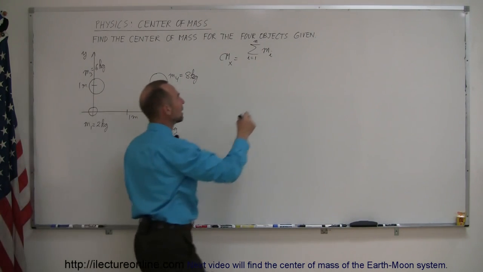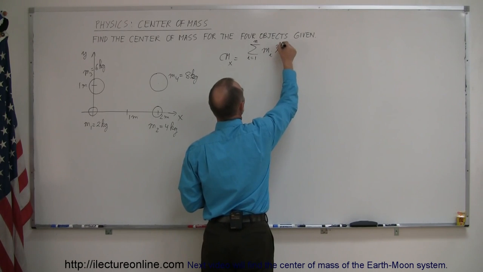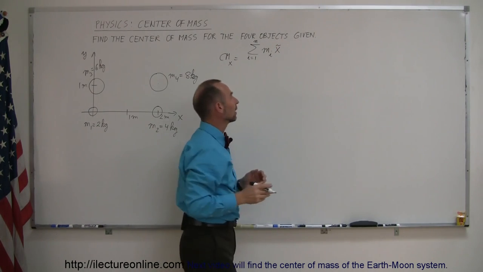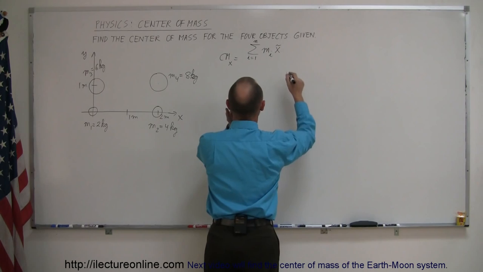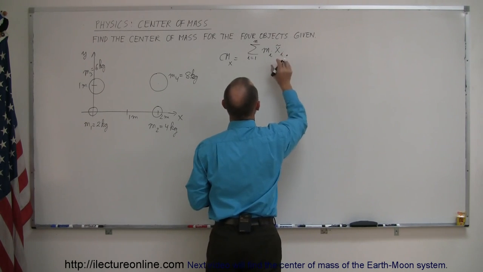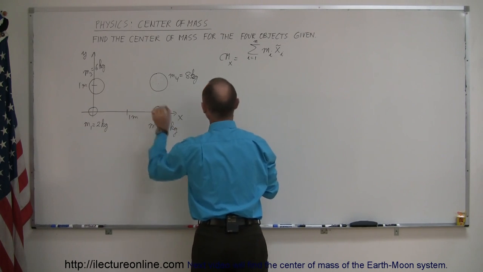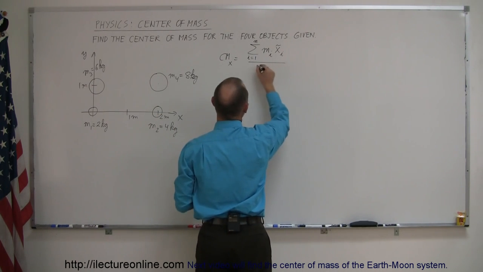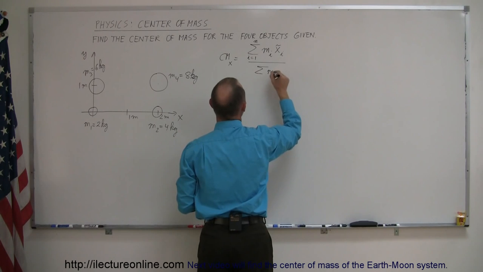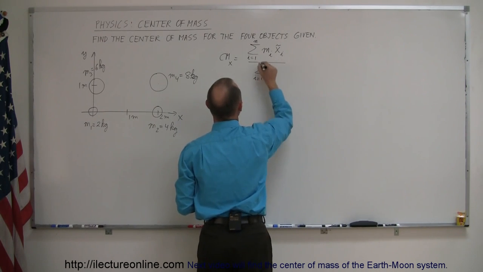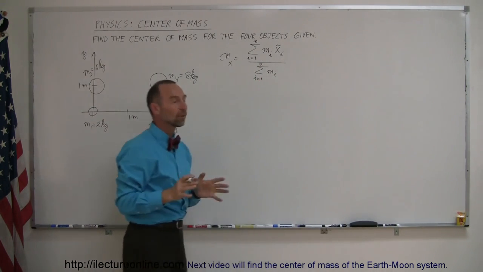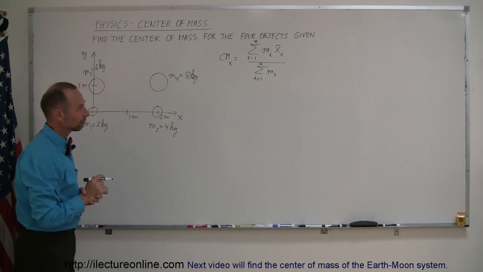I like to put a little squiggly line on the x, something I learned from a teacher a long time ago. So you multiply the mass of each object times the x-coordinate of the center of mass of each of those objects, divided by the sum of all the masses, i equals 1 to n, n being the number of masses that you have.